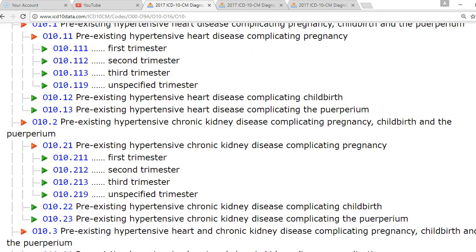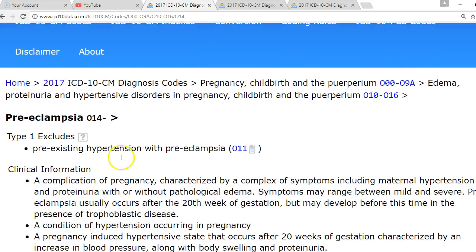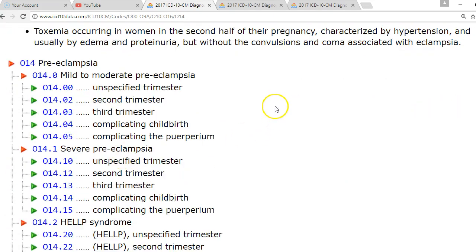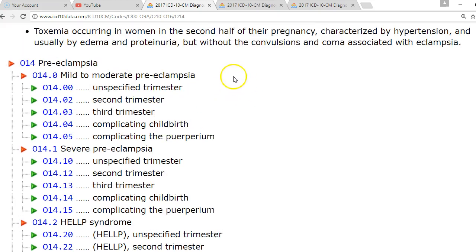But again, when we look at some of the other codes, we look at the preeclampsia itself. When we go down here, some of them don't have a first trimester because this is a pregnancy-induced condition and only happens during certain trimesters. So again, we have to be careful. How is the doctor documenting their information?